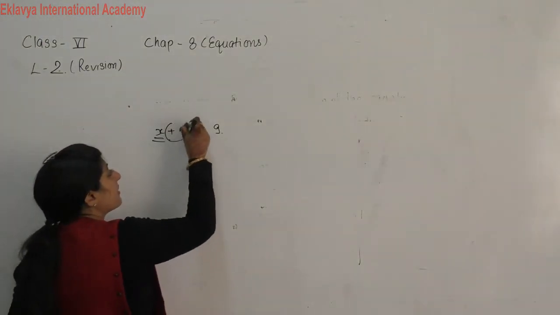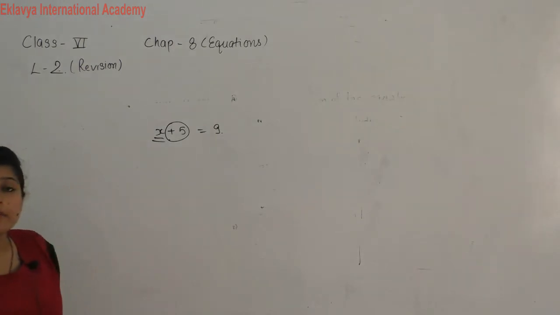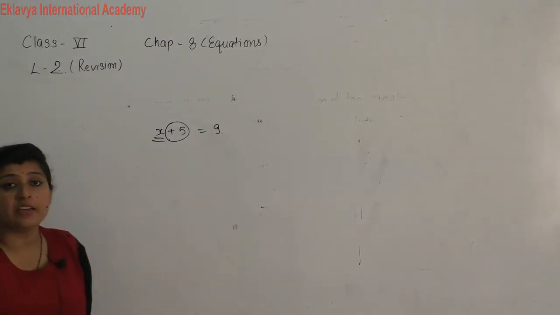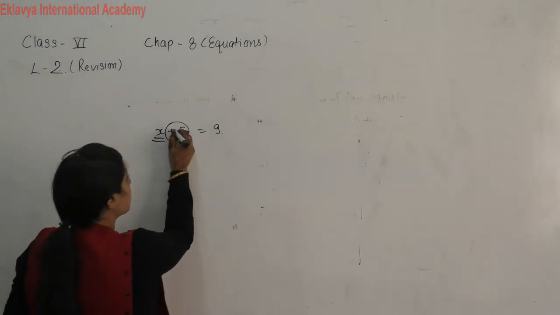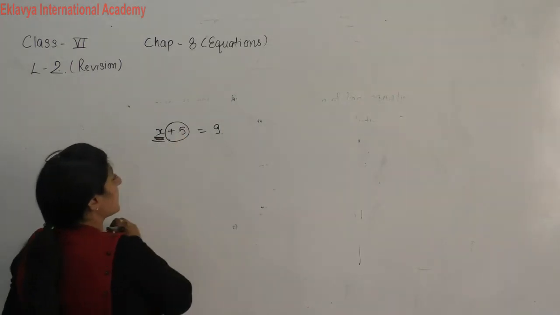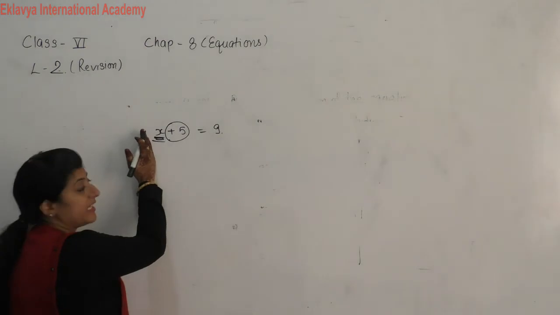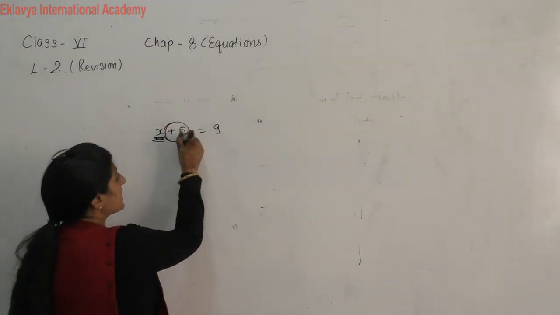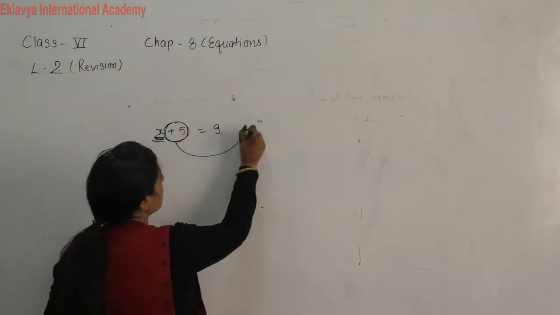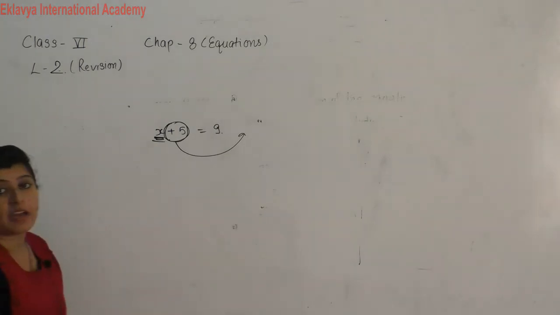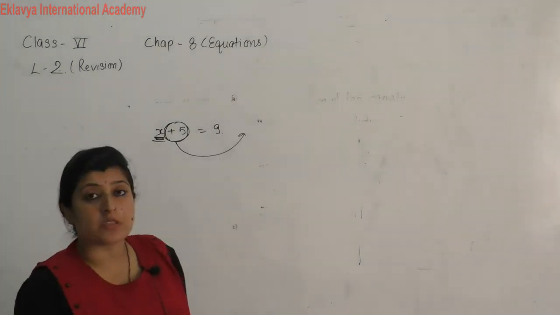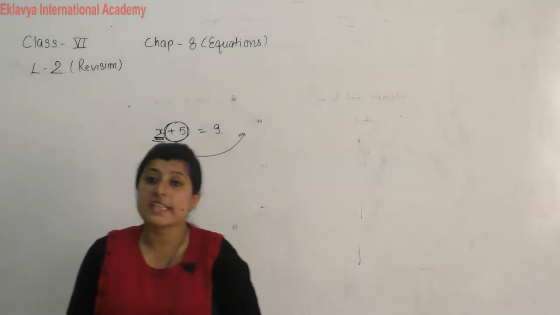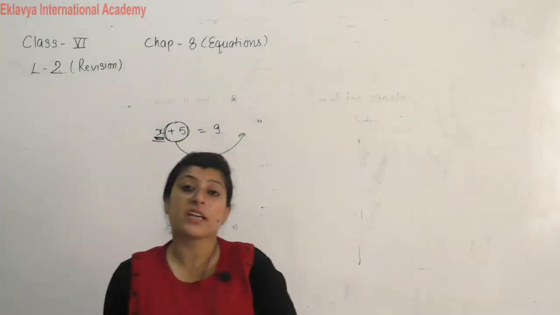It means we want to find the value of x, the unknown variable. Here we have an addition operation with 5, x plus 5. Transposing means this variable remains on the LHS, and this plus 5 we will transpose to the RHS. Whenever we transpose to the other side, we perform the inverse operation.